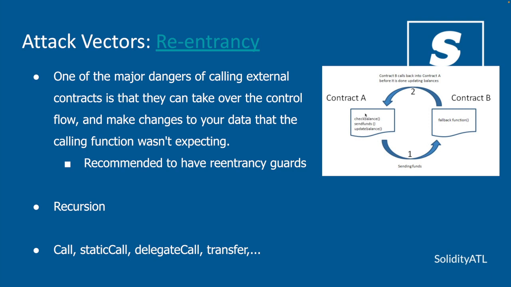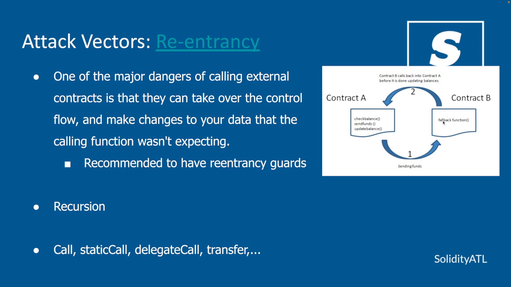What someone can do is call this method, it checks the balance, and it sends funds to whatever address it needs to, and in the case of reentrancy, it's usually a contract address. Whenever funds are sent to a contract address, if you remember from the first session and last session, you can have logic execute whenever your contract receives ether.